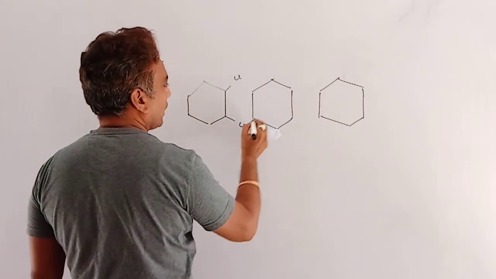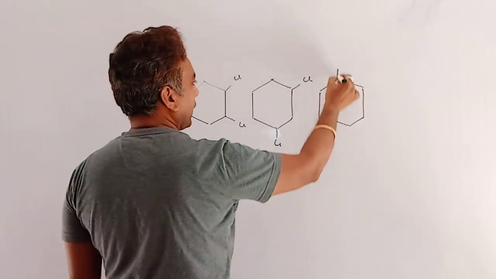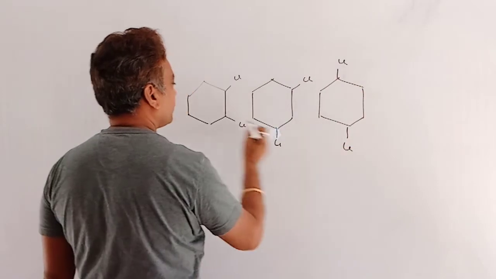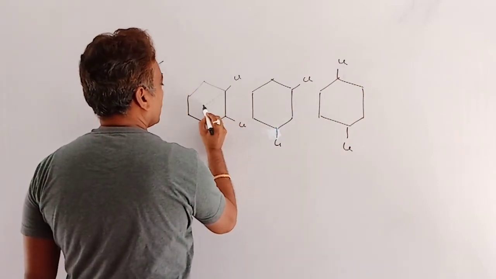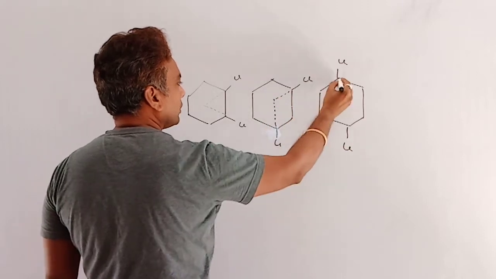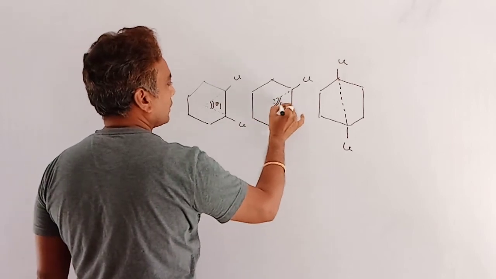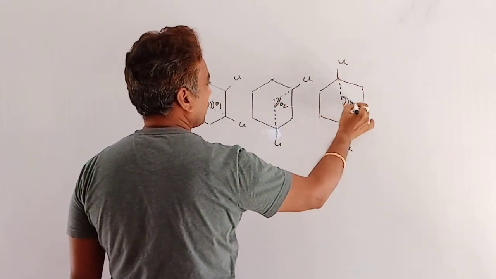Here 2 chlorines are attached adjacently, 2 chlorines are attached alternately, and 2 chlorines just oppositely. So the angle between these chlorine groups is theta 1, theta 2, theta 3.